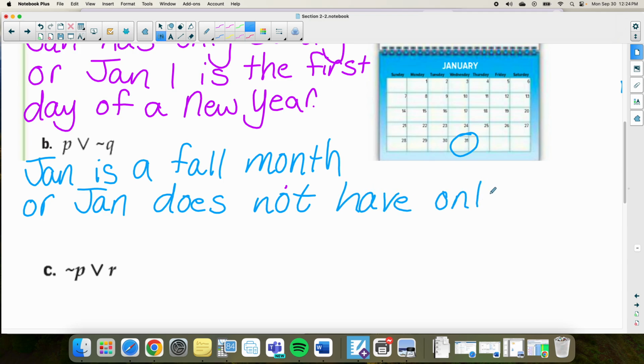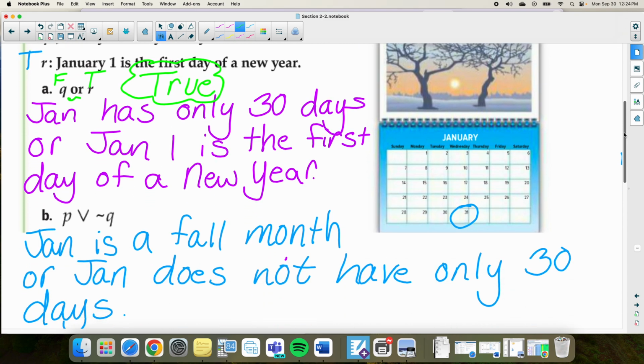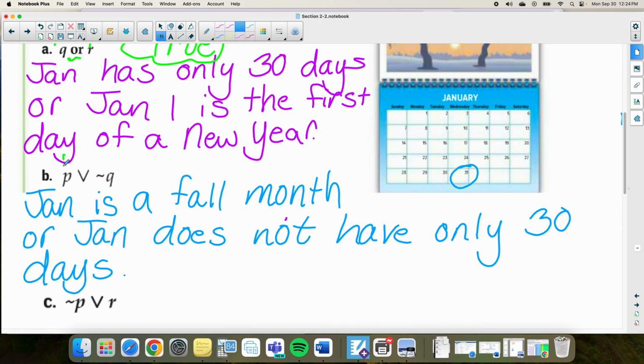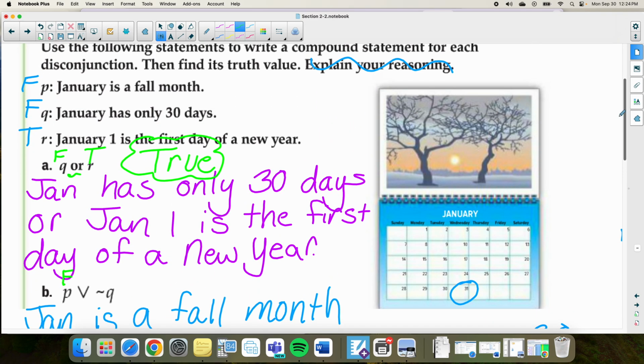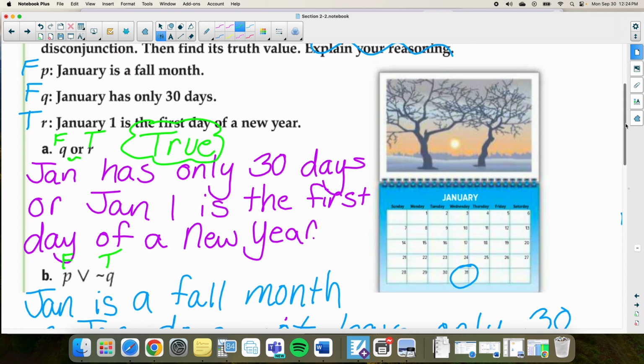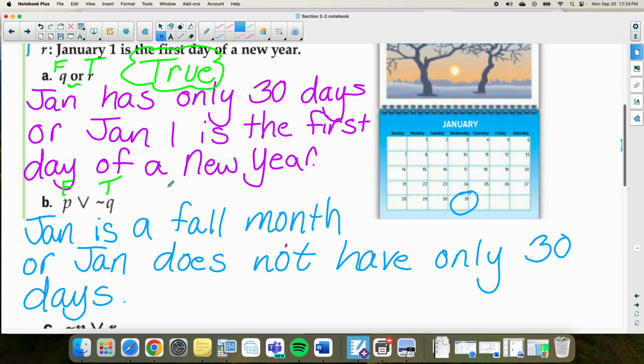Okay. Now, P was false. And Q is not Q. Q was false, but if I negate it, it's going to change it to true. So overall, what is my truth value? True. Very good.